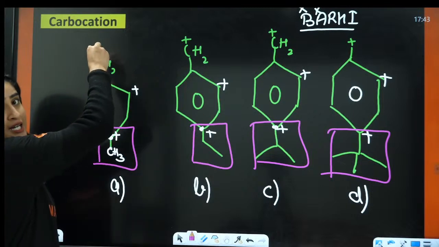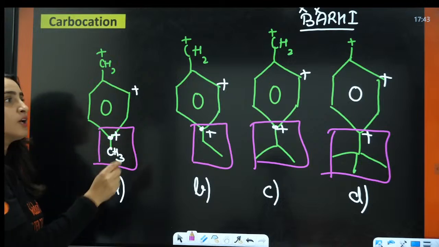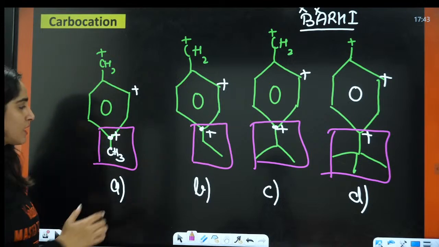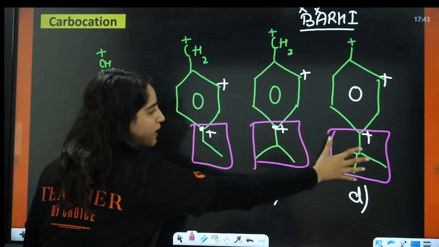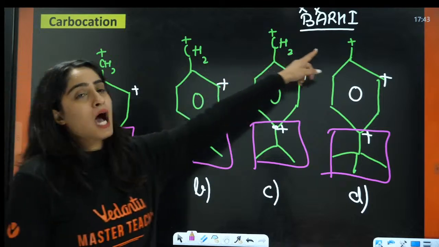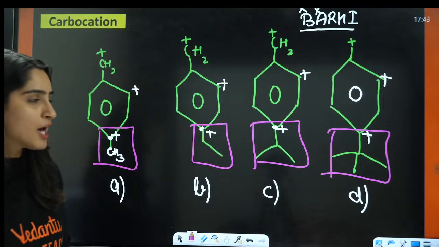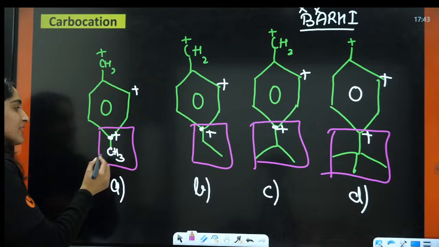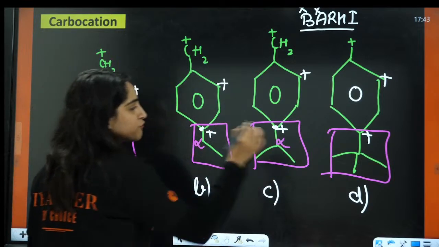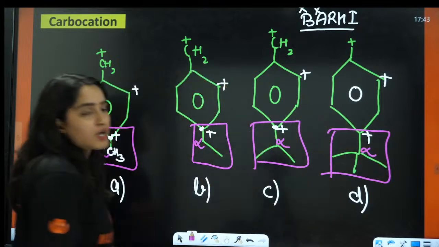This positive charge is actually distributed in the ring on the ortho and para position, and that is why the main focus here is this part, this part, this part, and this part. And in these four parts, you can apply hyperconjugation, isn't it? You have carbocation, and this is the alpha carbon, this is the alpha carbon, this is the alpha carbon, and this is the alpha carbon.